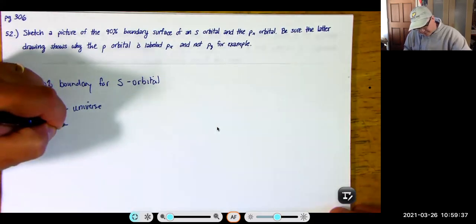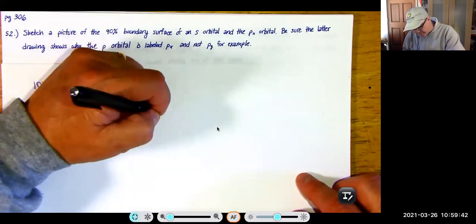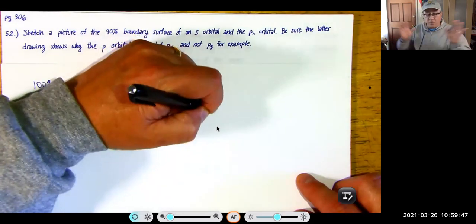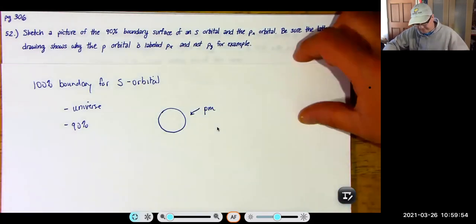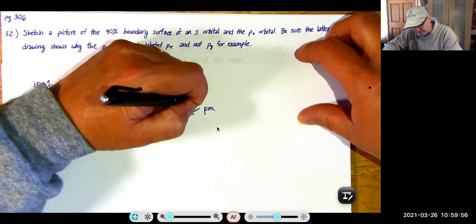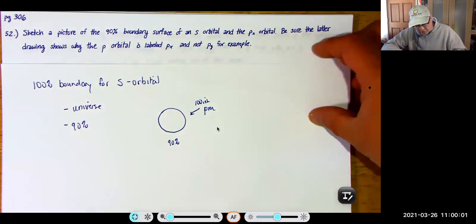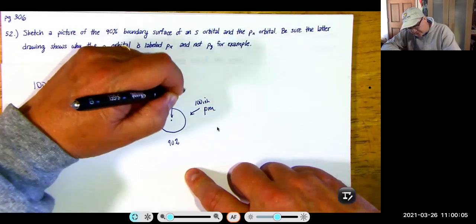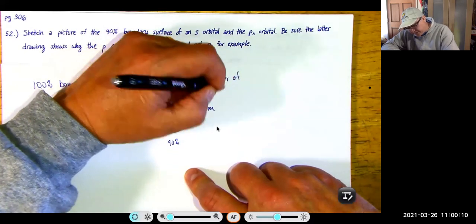Now, the 90% boundary is going to be a lot smaller than the universe. In fact, the 90% boundary is probably on the order of picometers wide, probably around 100 picometers. Okay, 100-ish. That's the 90%. So for an s orbital, it's going to look like this, where the nucleus is at the center of a sphere.